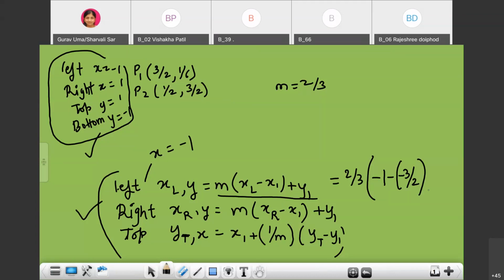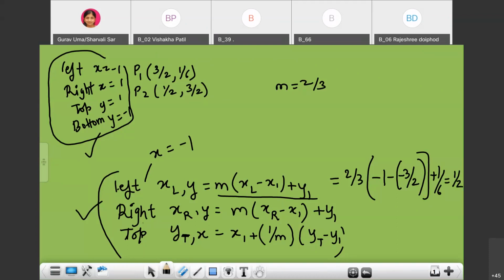Plus y1, so y1 is 1/6. So this is the formula. With the help of the formula, we will get the answer. So we have got x left, and we have got this answer as 1/2.